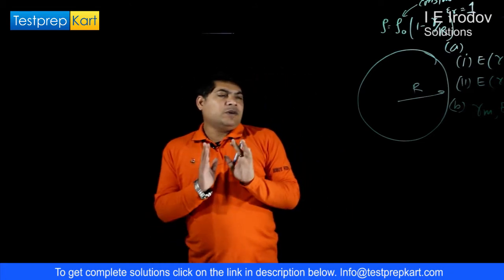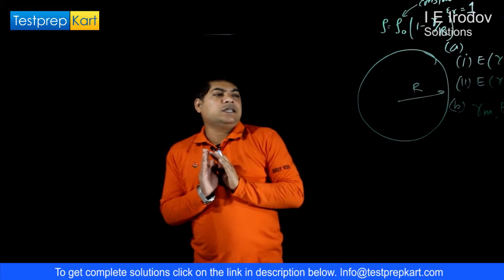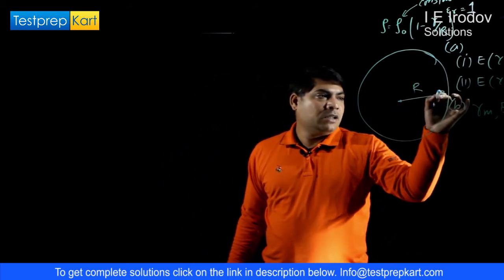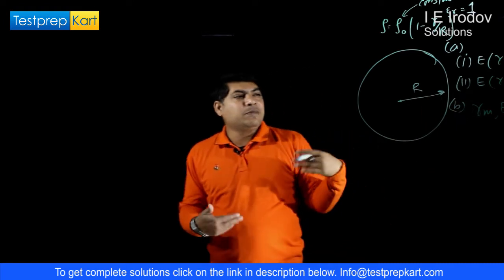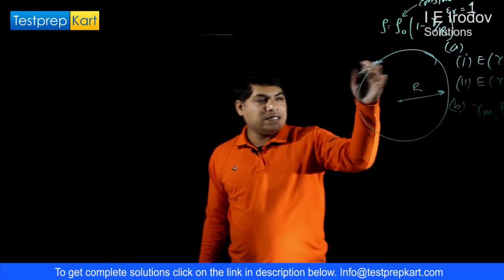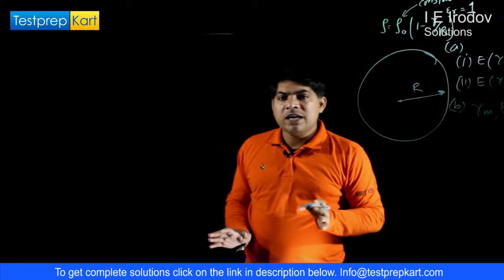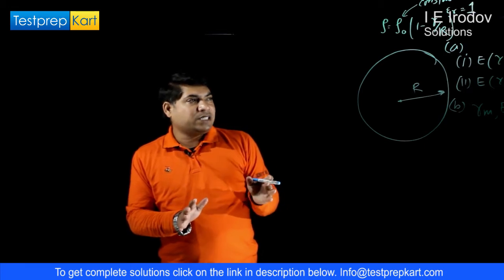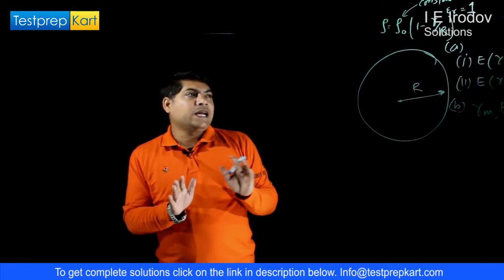In this problem, you can see the charge density is changing as we move away from its center. It means there will be a variable electric field. But fortunately, it is a symmetric shape. So whenever we have a symmetric shape or charge variation, we can apply Gauss law.